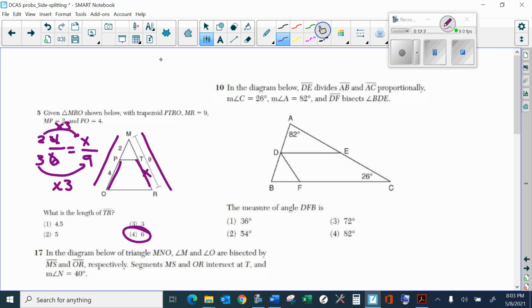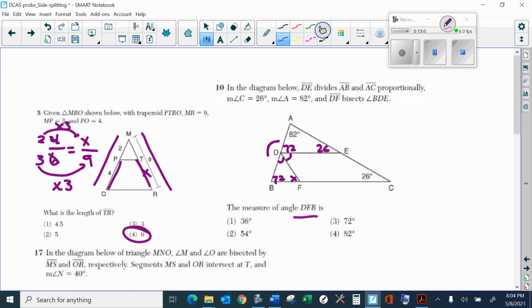And DF bisects angle BDE, so that is congruent to that. We know this is 36, corresponding angles. We can add those together. It's going to be 108. So that makes this 72 right there, which makes this 72. Find the measure of angle DFB. It wants that angle right there.